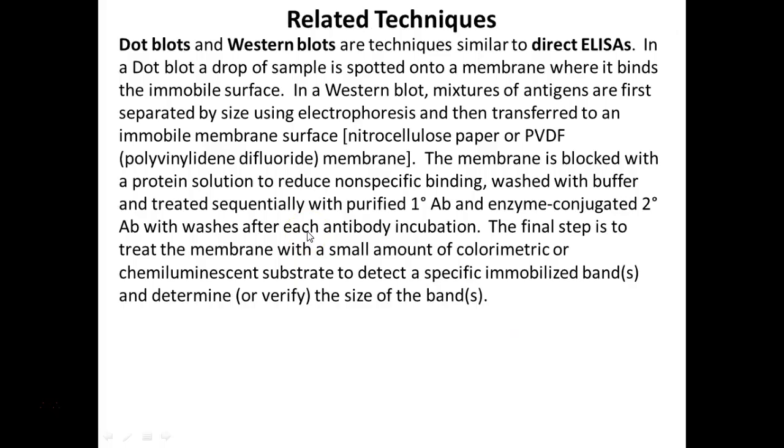So there are lots of different techniques that employ this. If you've heard of dot plots or Western blots, what they usually do is spread out the proteins by gel electrophoresis first, then transfer them to a membrane, and then do exactly what we just did. They stick the membrane in a little dish that contains the different components.